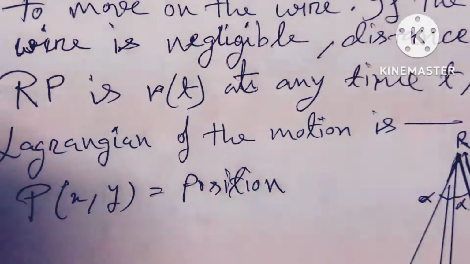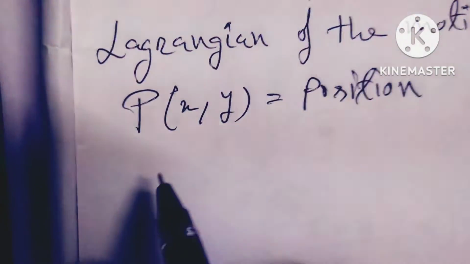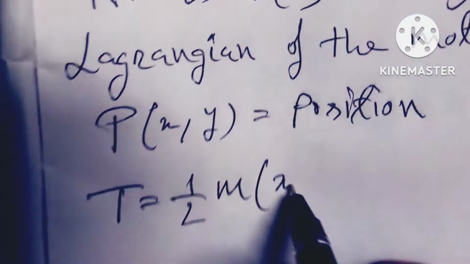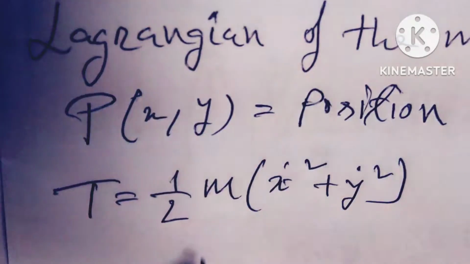So friends, our kinetic energy T is equal to half m (x dot squared plus y dot squared).